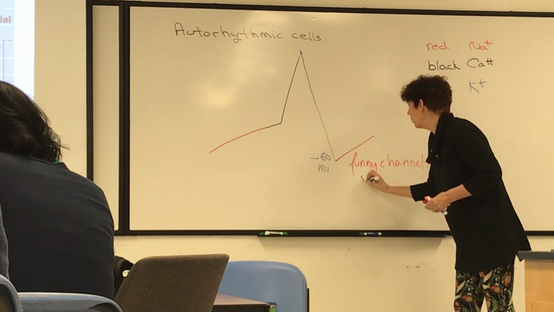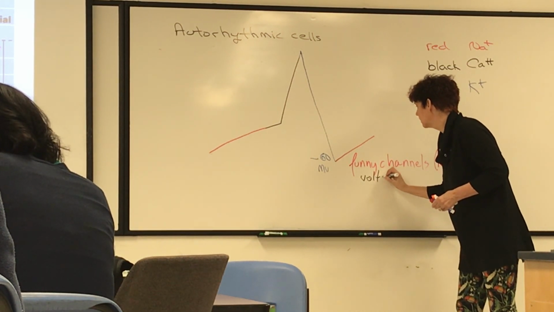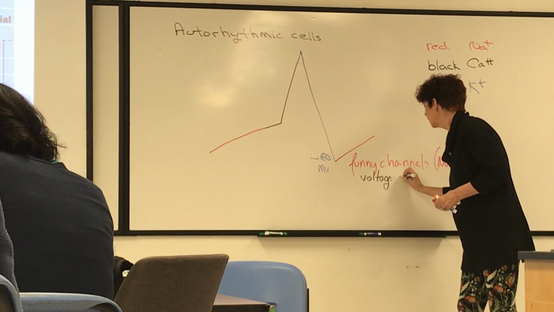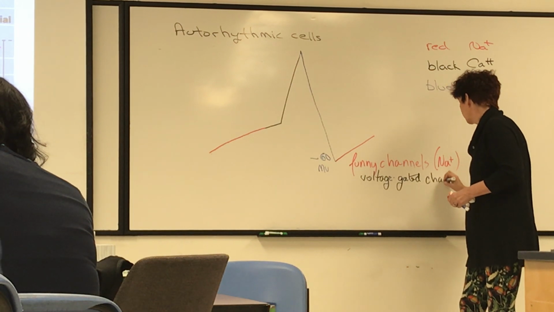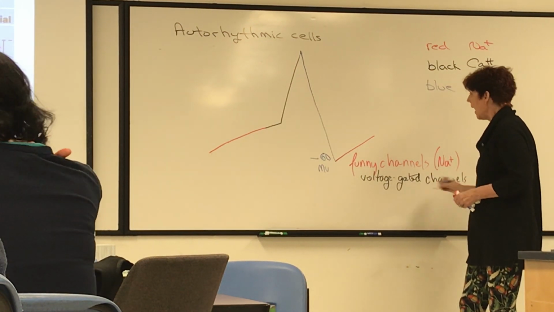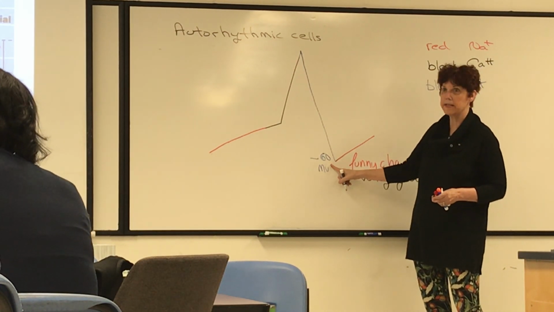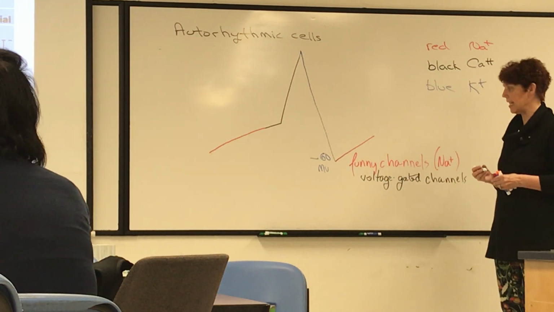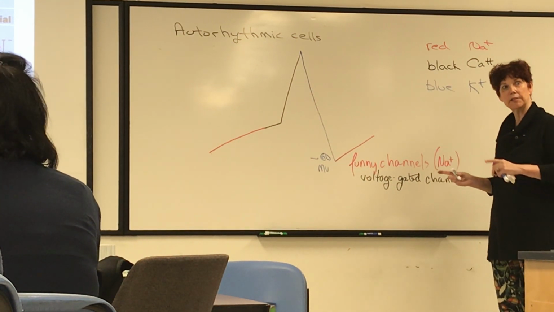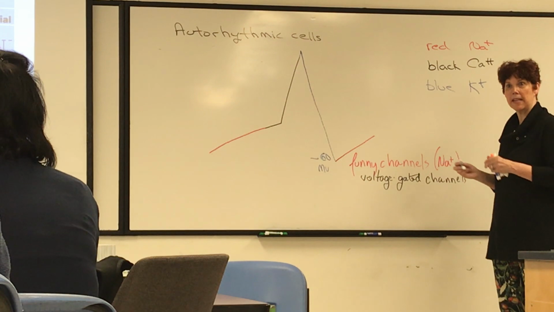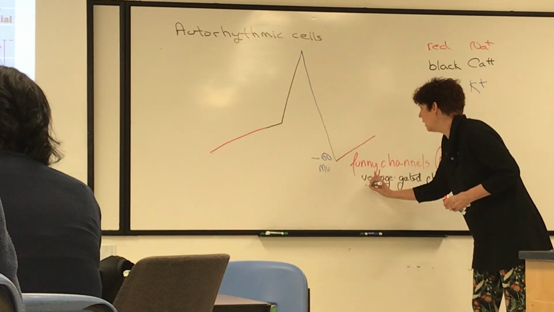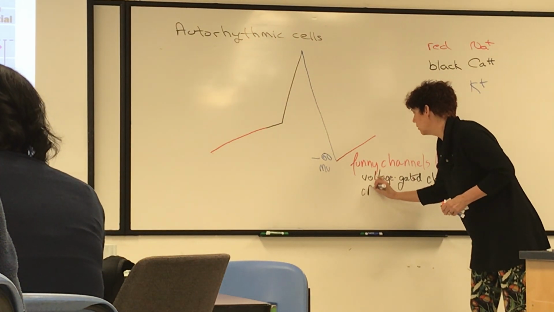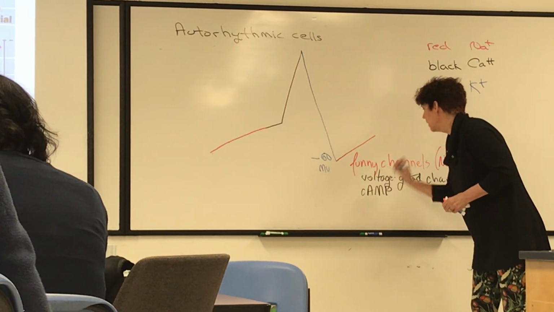And when the cell gets to that minus 60, a molecule will attach to many of these, not all of them, but many of them, causing them to open as well. And this is a molecule known as cyclic AMP.